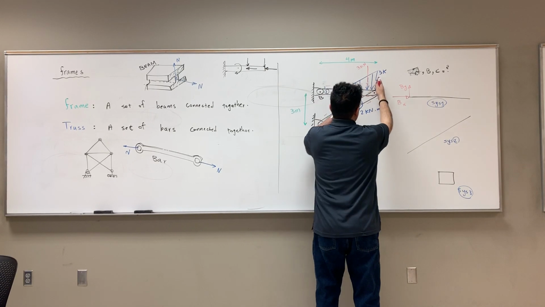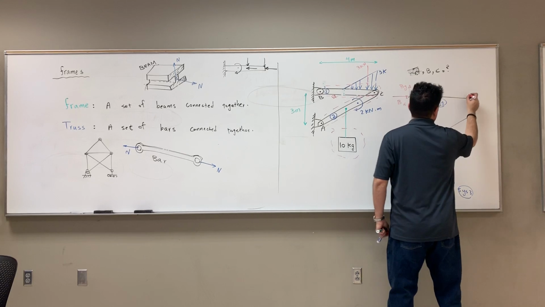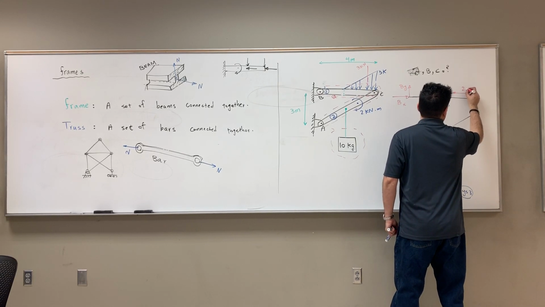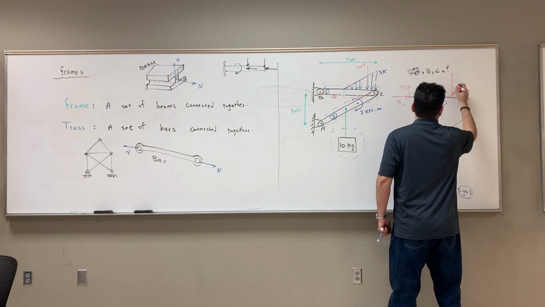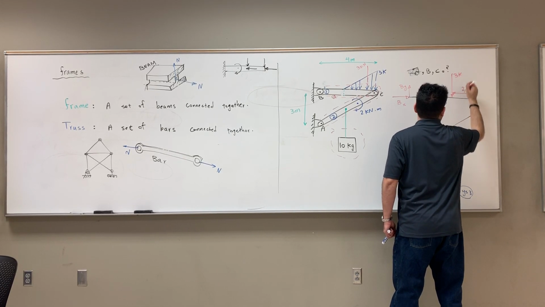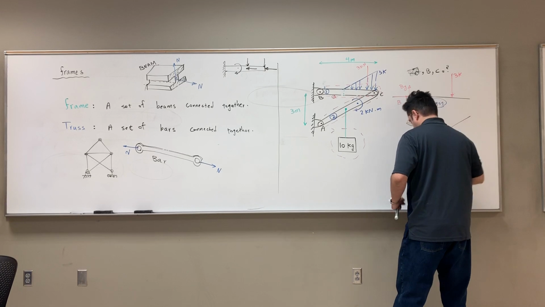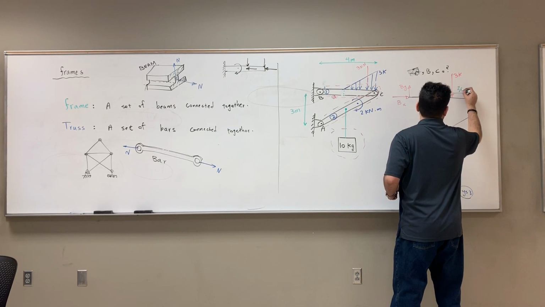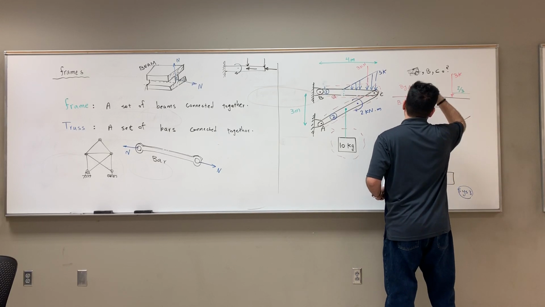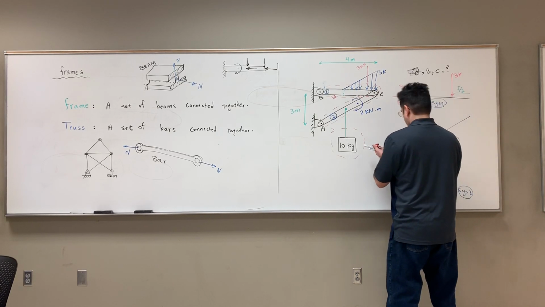If this base is 2, it's going to be 2/3 from here, and the value is 3K. Let's use a different color for the distance. So it's going to be 1/3 of 2, and that's going to be 2K.